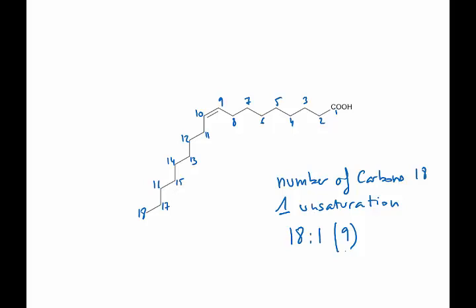We don't need to say that it's between 9 and 10, it's enough to say that it starts at carbon 9, and that's self-evident, then that's going to be between carbon 9 and 10.